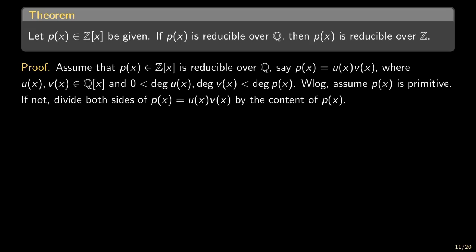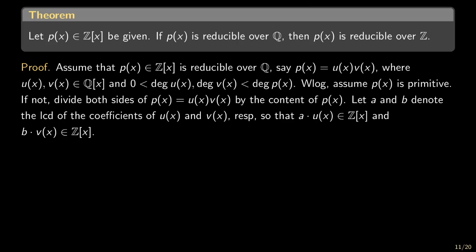So, it becomes primitive. That's why it's stated here: if not, divide both sides by the content. So here, our assumption is that p of x is primitive. This time, let a and b denote the LCDs.